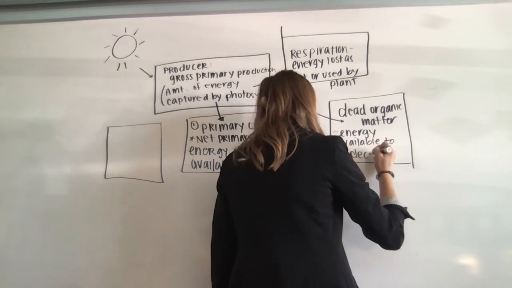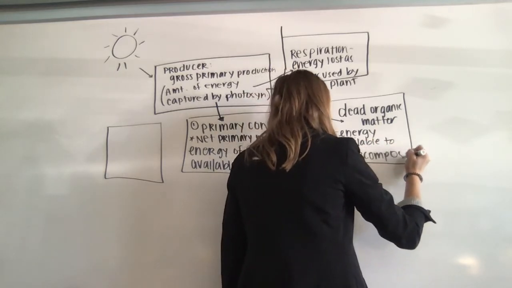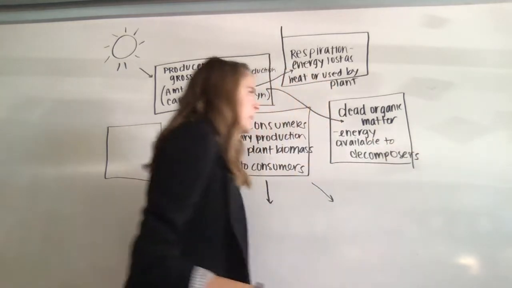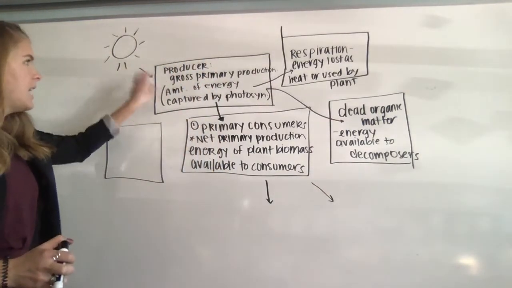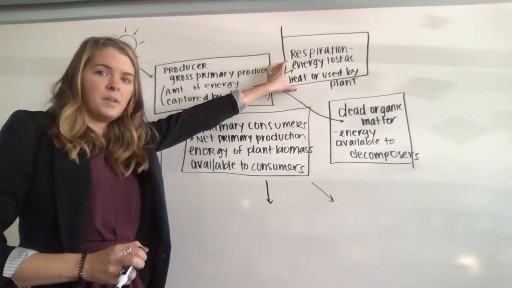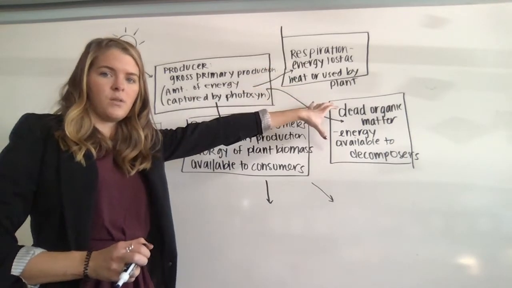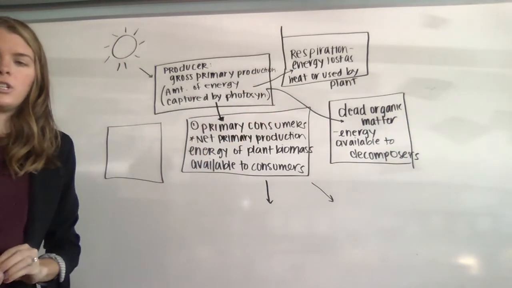Or remember that other fancy word for decomposer, detritivore. So the plants are taking in energy from the sun, and that energy can either be used by the plant, be lost as respiration, go to dead organic matter, or be used by primary consumers.